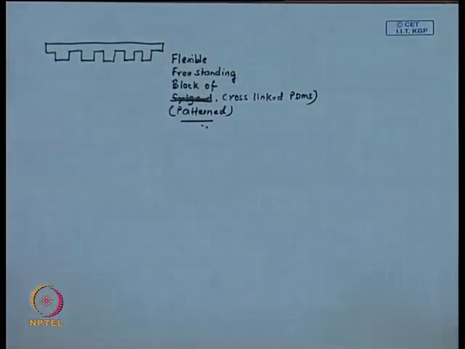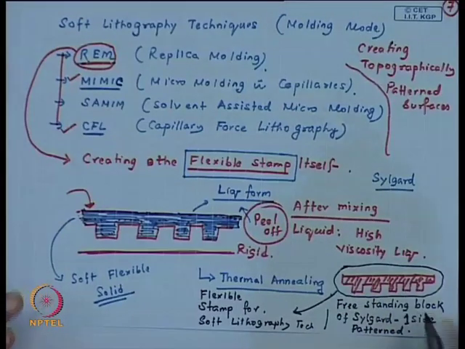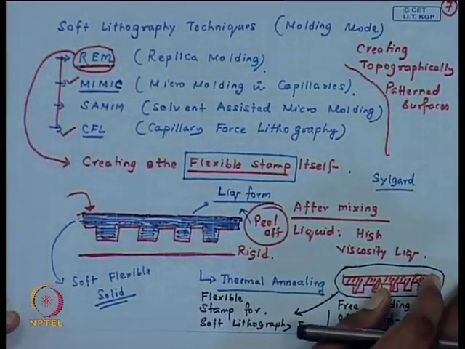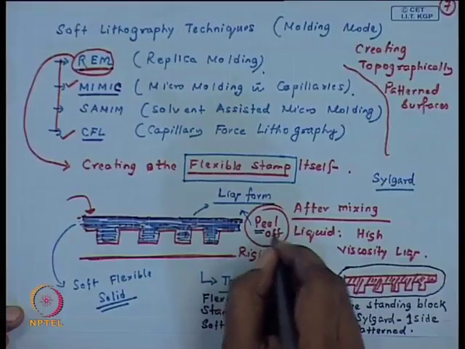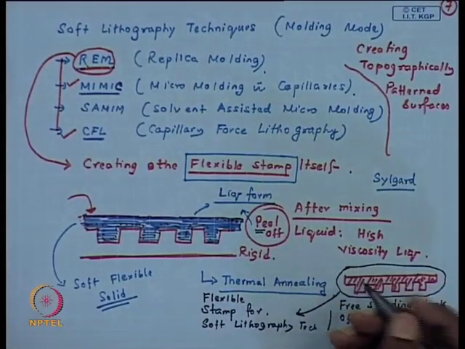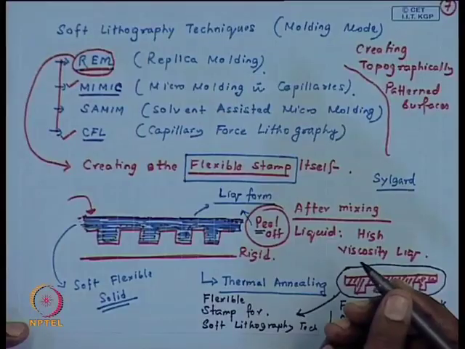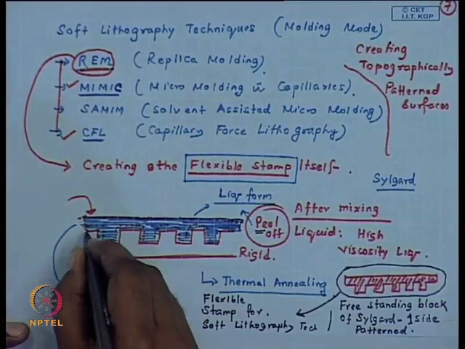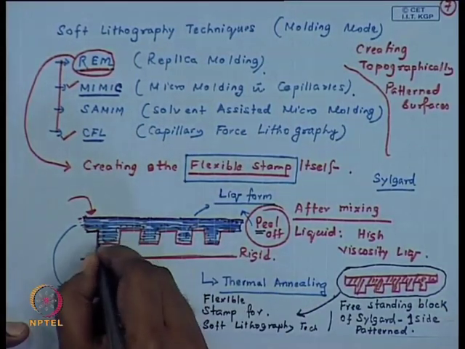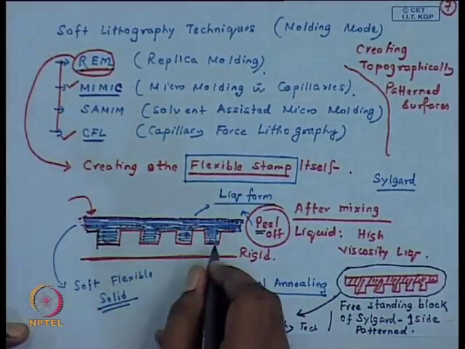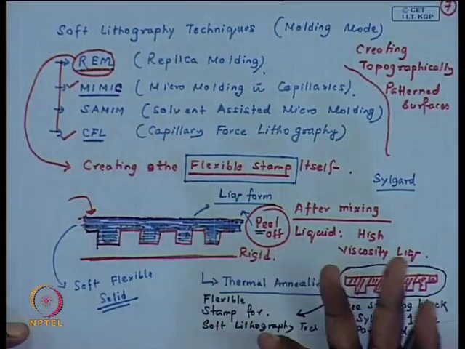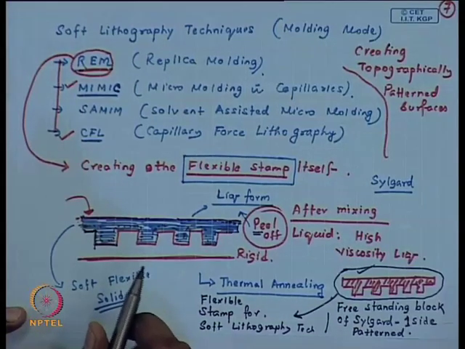The other thing is that if your detachment during the peel off is neat, then after you have peeled off, and this is something that makes soft lithography cost effective, you would like to use the same rigid stamp again and again for replica molding, to make multiple soft lithography stamps with only one single rigid stamp.